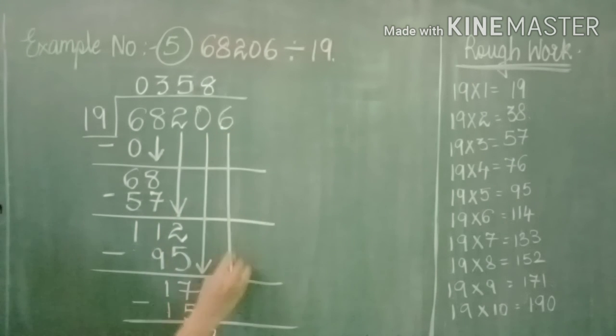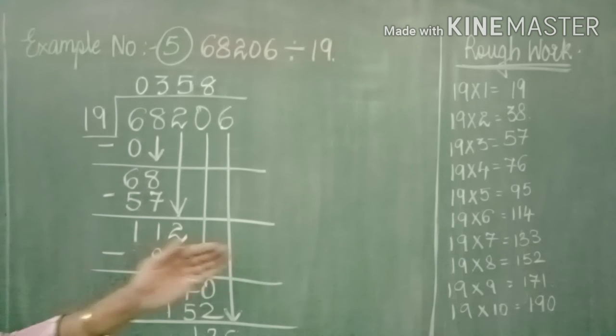Now we take the next number, that is 6, making 186. Now 19 tens are 190 and 19 nines are 171.